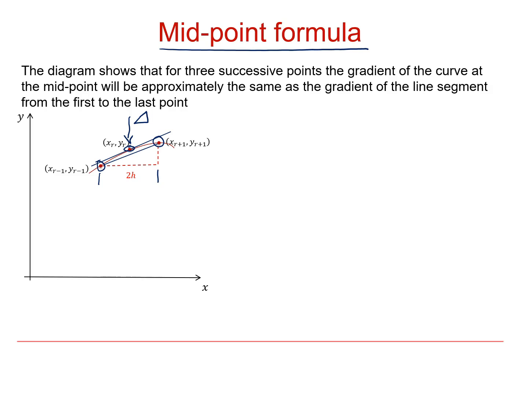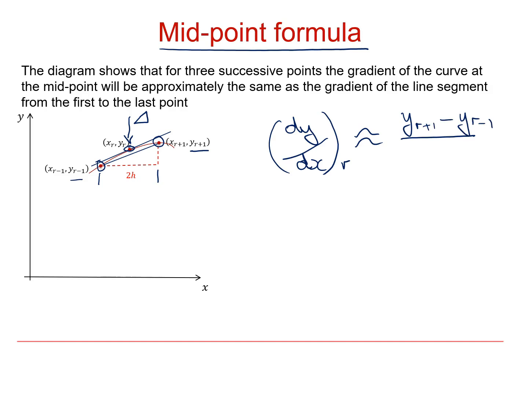Now the difference between r minus 1 and r plus 1 is the thing that we're going to be estimating. If we look at how we might write that gradient estimate down, the gradient at r is approximately equal to our change in y. So we're going from yr minus 1 up to yr plus 1, that's yr plus 1 minus yr minus 1, divided by the change in x, that's 2h.